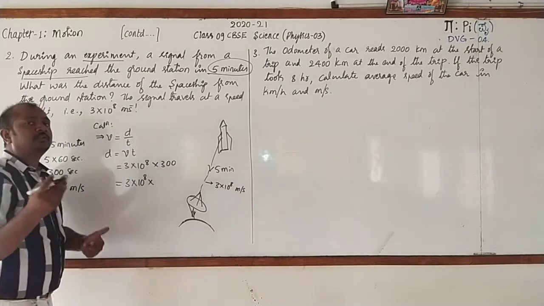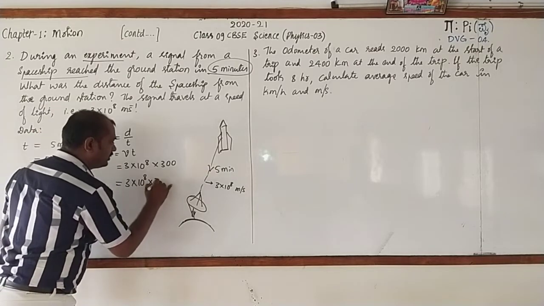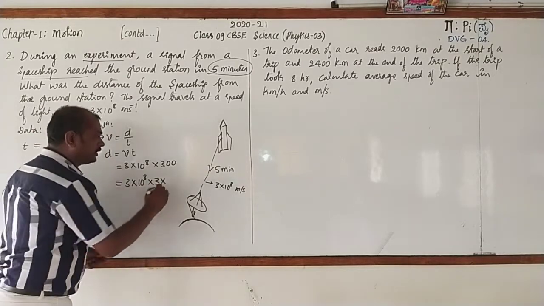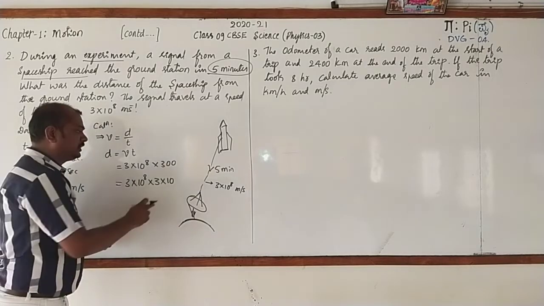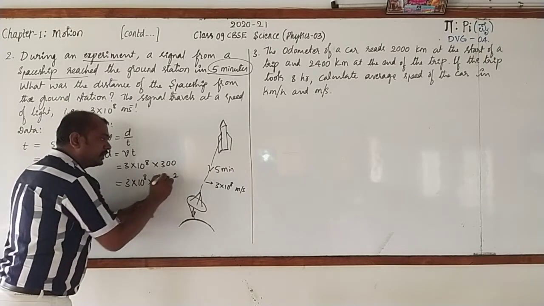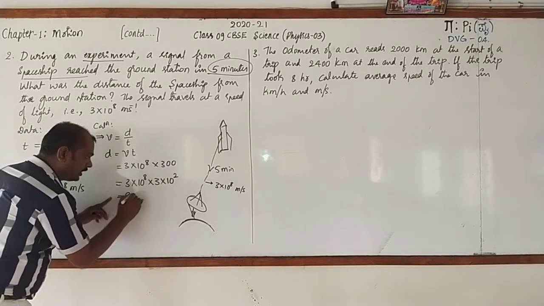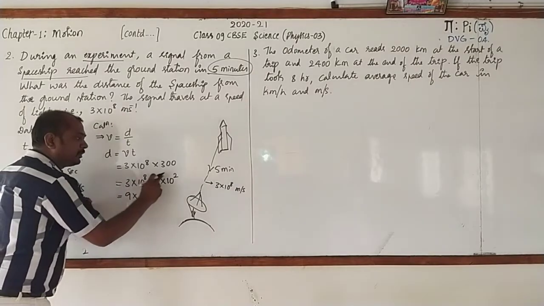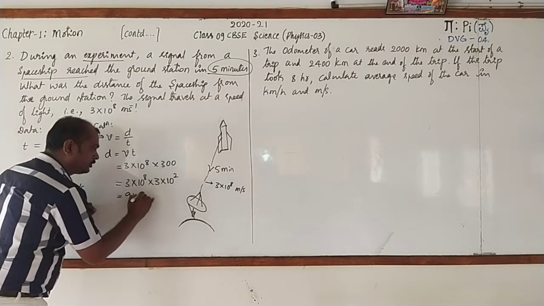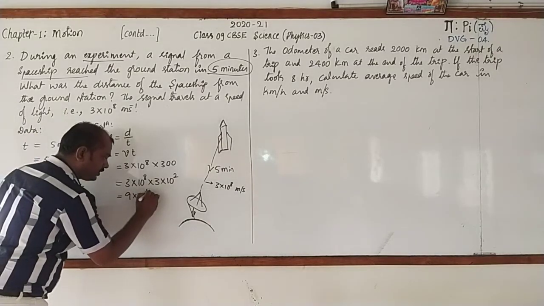How do you write 300? 300 can be written as 3 into 100. Right? 100 purposefully I have taken because it can be expressed as an exponent of 10. 3 into 100. 100 can be written as 10 square. Now, 3 threes are 9 into 10 raised to the power 8 into 10 raised to the power 2. 10 raised to the power 8 plus 2. 8 plus 2 is 10.